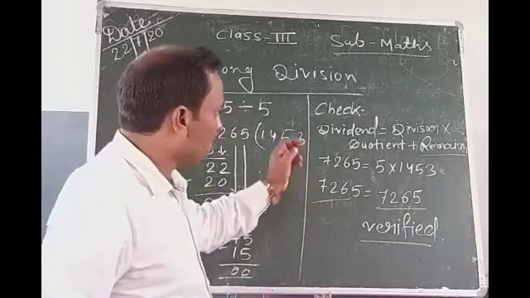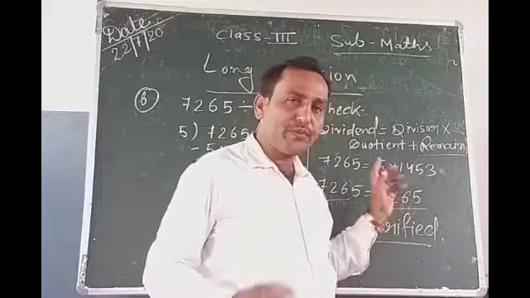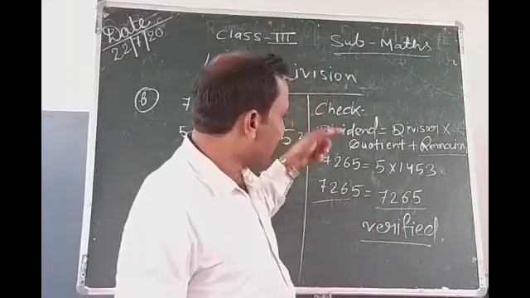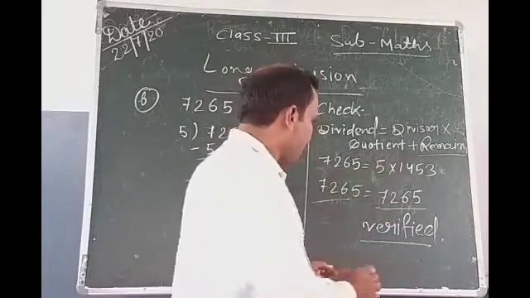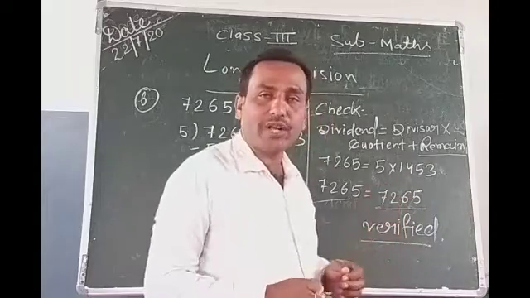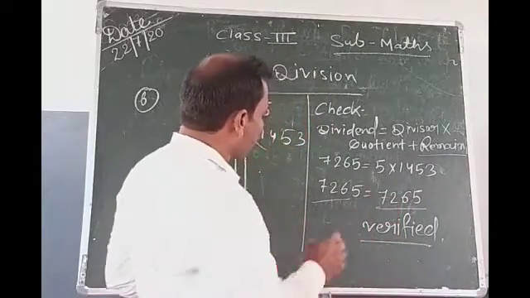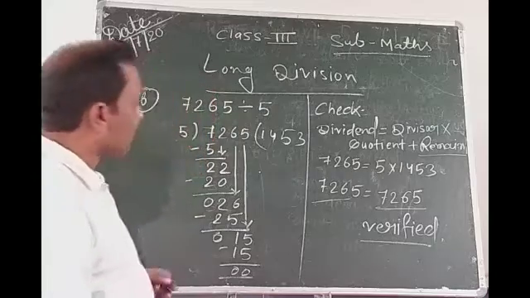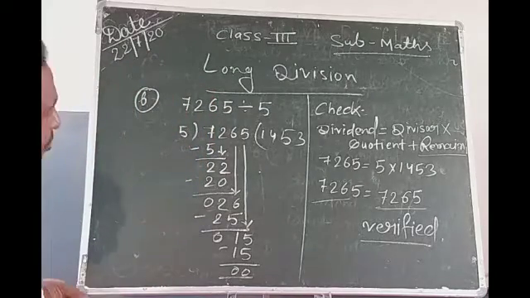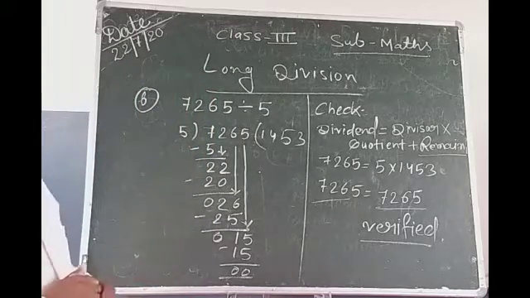If you can multiply mentally, do it that way. If you are not able to multiply mentally, then make columns and multiply. And in the last line, if both sides are equal, it means dividend equals divisor into quotient plus remainder, and your answer is correct. Thanks.